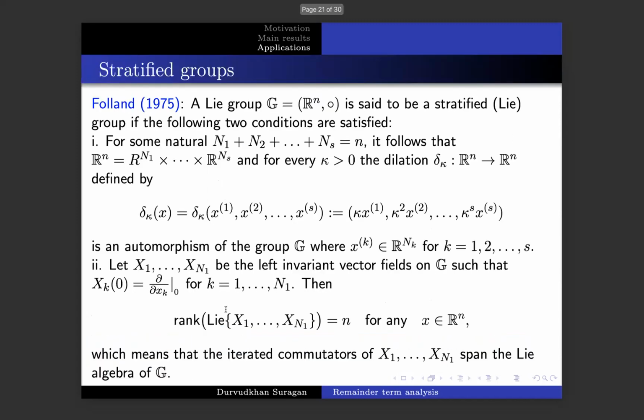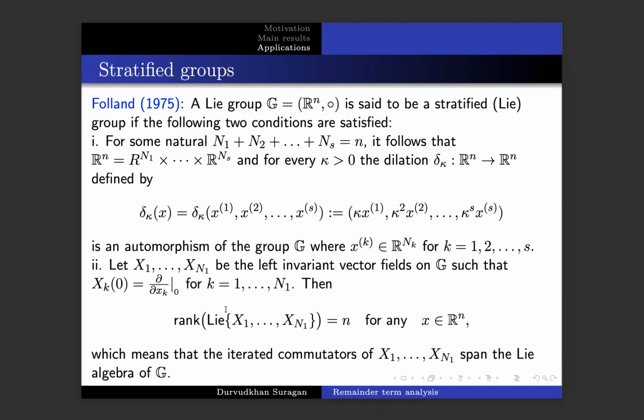Okay, so what about the applications of these higher order remainder formulas? One of the possible applications is in Lie groups in R^n. Here we have the definition of so-called stratified Lie groups, which was invented by Gerald Folland.